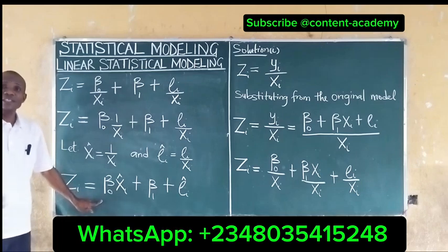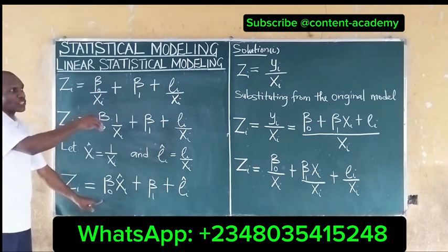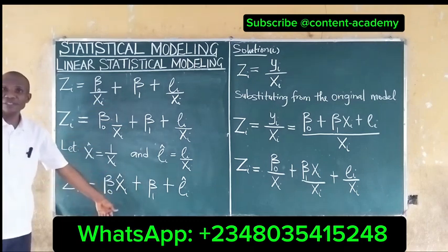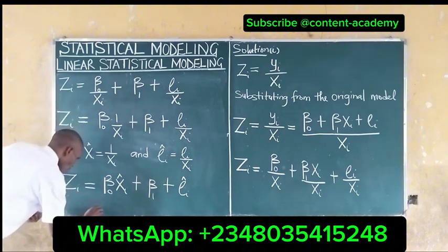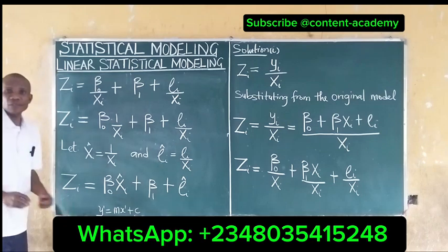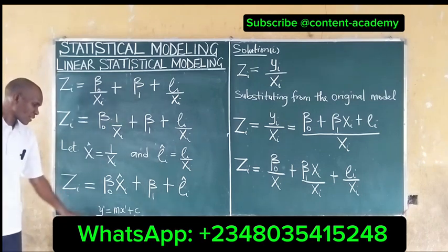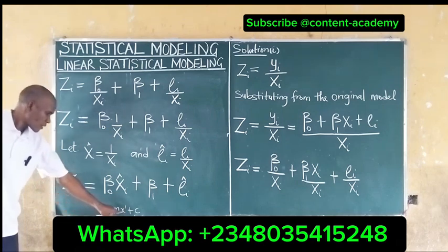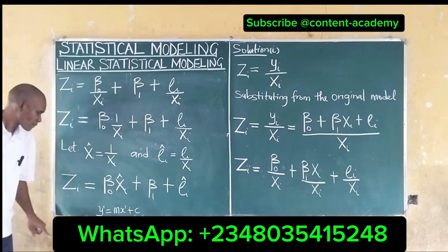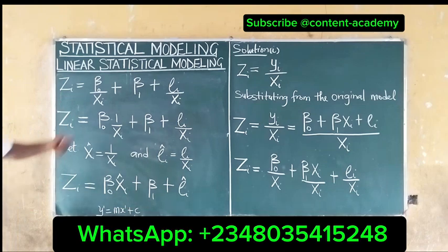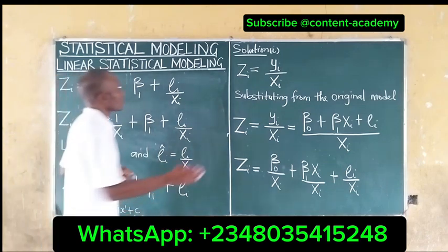In fact, this is the linear relationship for what is given to us. The next thing to do is that we can now compare it with y equal to mx plus c, where m is our slope, c is our intercept, and y can represent z. So we'll move over to this other side of the board to write it out.